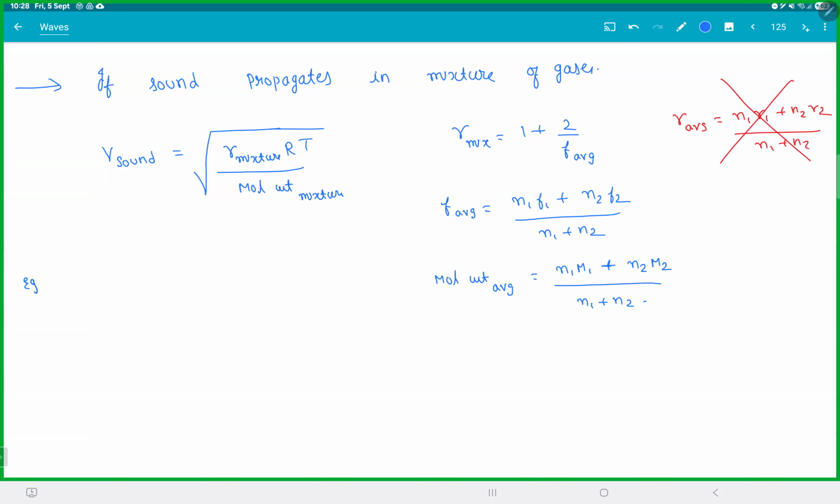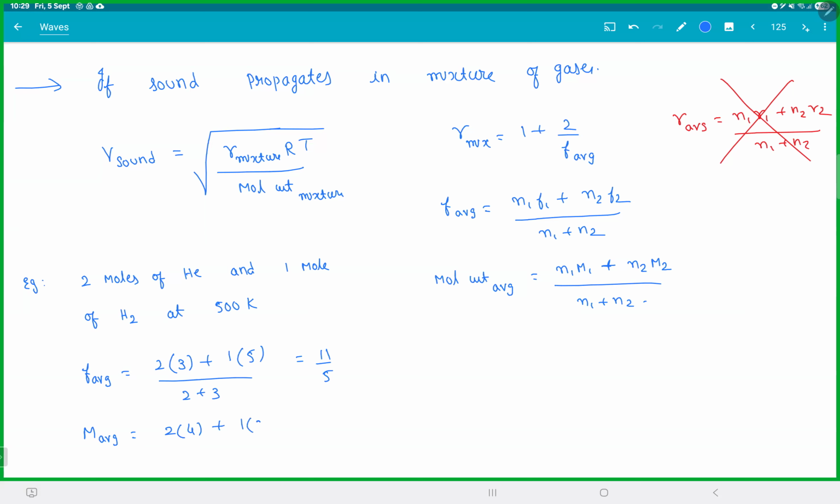So example, we have 2 moles of helium and 1 mole of hydrogen at 500 Kelvin. Then F average will be (2×3 + 1×5) by 2 plus 1. Helium is monatomic, hydrogen H2 is diatomic. Helium's mass is 4 and hydrogen's mass is 2, so M average is 10 by 3.